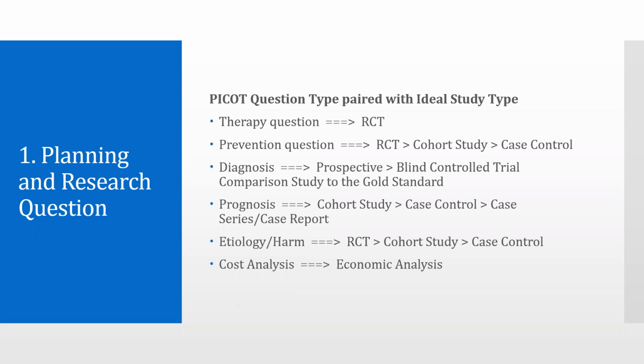And ideally, with PICO, for my medicine folks, there are certain types of research that contribute to those types of questions and templates. So if you have a therapy question, you might try a randomized controlled trial; prevention question, RCT with cohort or case control, and so on and so forth.